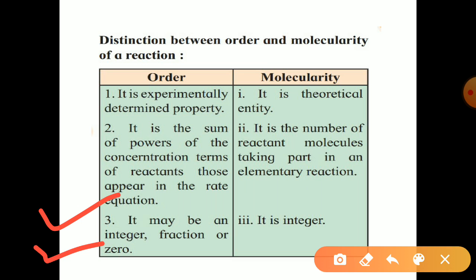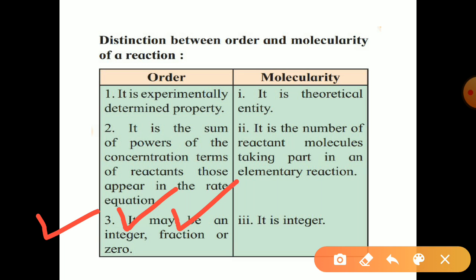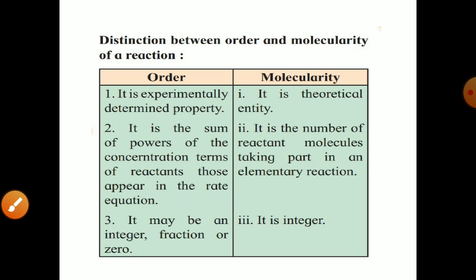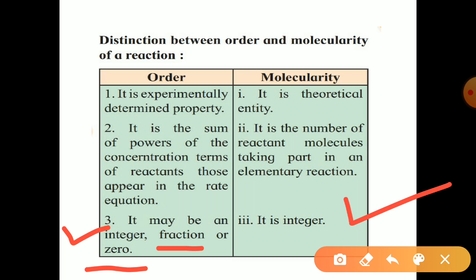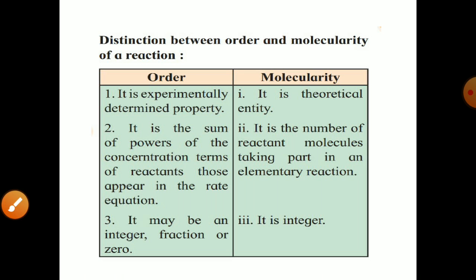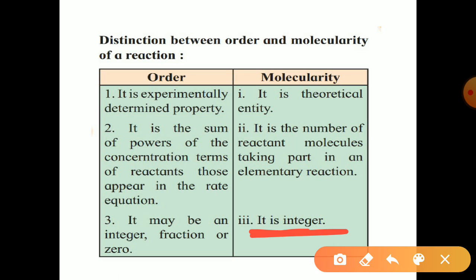In the previous lecture we discussed order, and we saw that in some reactions the order is an integer, in some cases it is fractional, and in some cases it is 0. So order may be an integer, fraction or 0, but the molecularity is always an integer; it cannot be a fraction or 0.